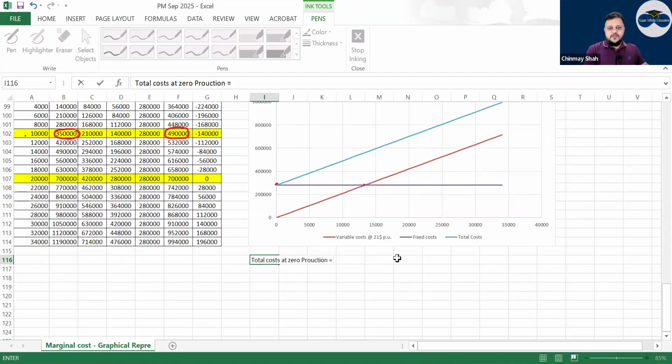Total cost at zero production is how much?